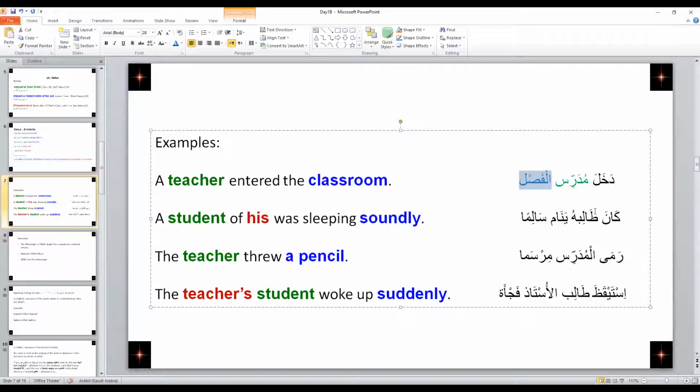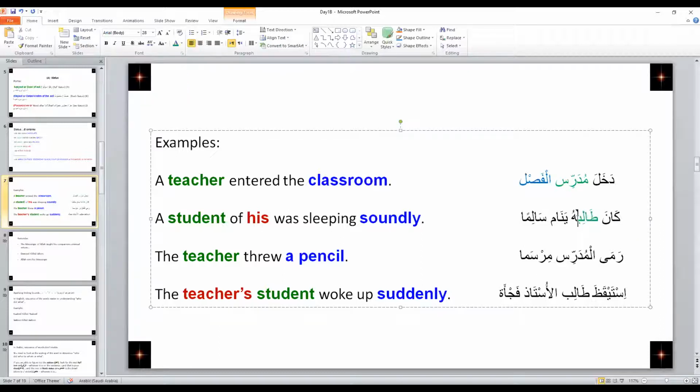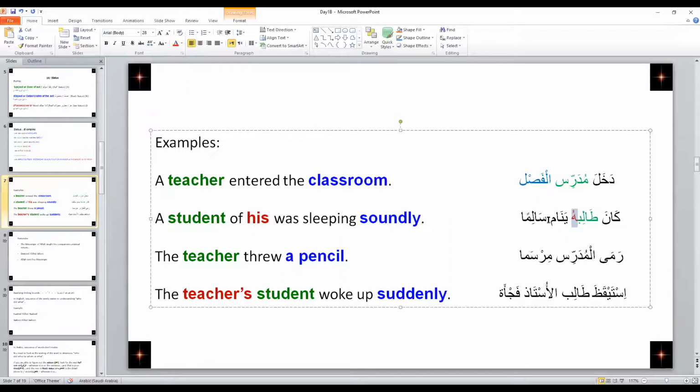Then Kana Talibu: this Talibu is in Rafa status, so it will be green. And then the one in Jar status will be red. Saliman is in Nasb status, so it will be blue.